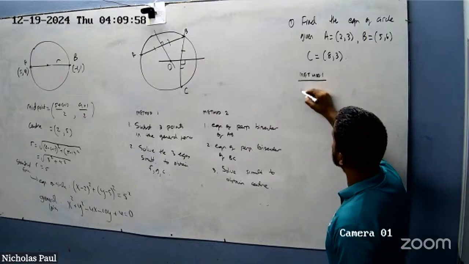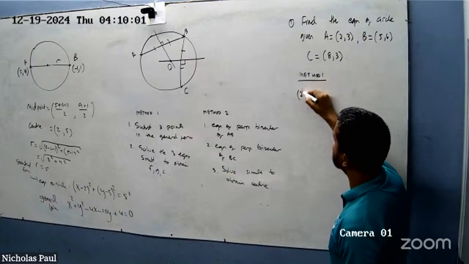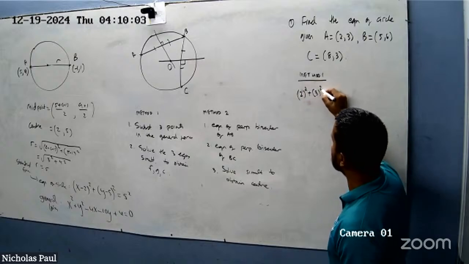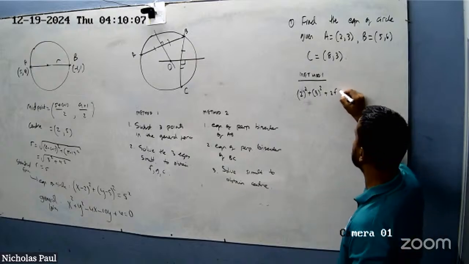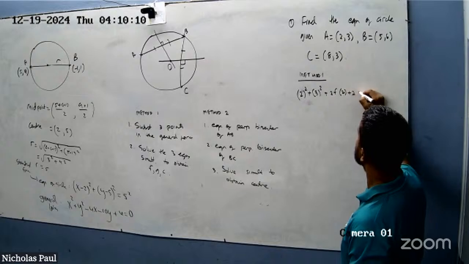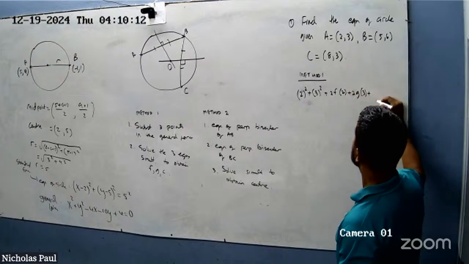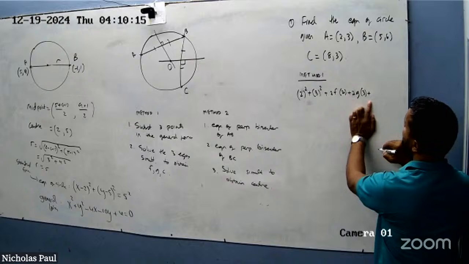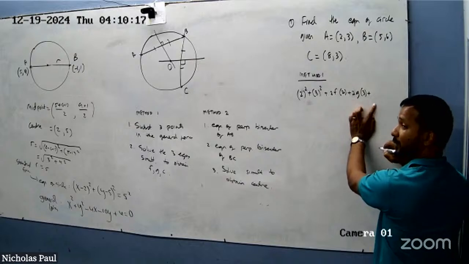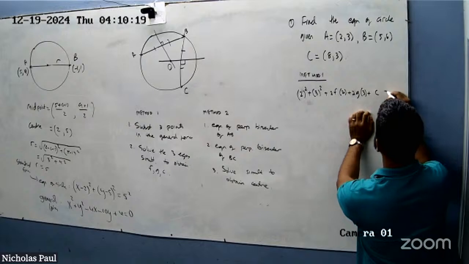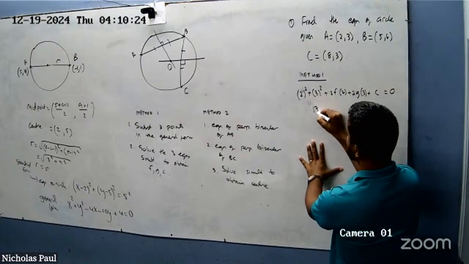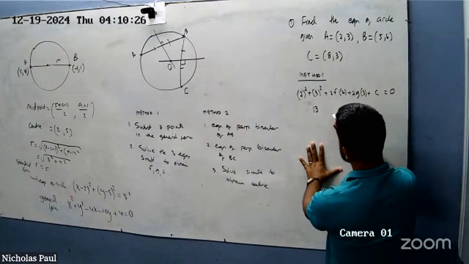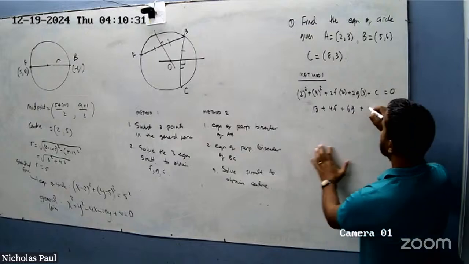So that would be 2 squared plus 3 squared plus 2fx plus 2gy plus c equals 0. So this is 4 plus 9, that's 13, plus 4f plus 6g plus c is 0.